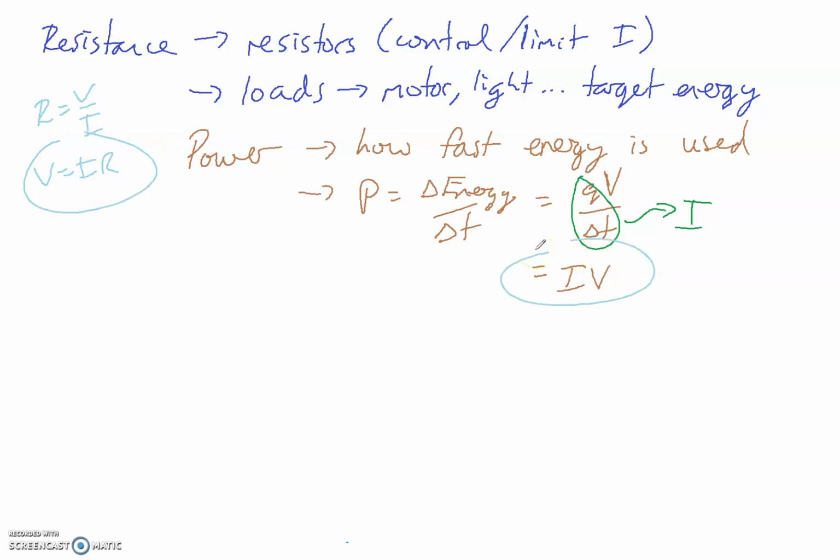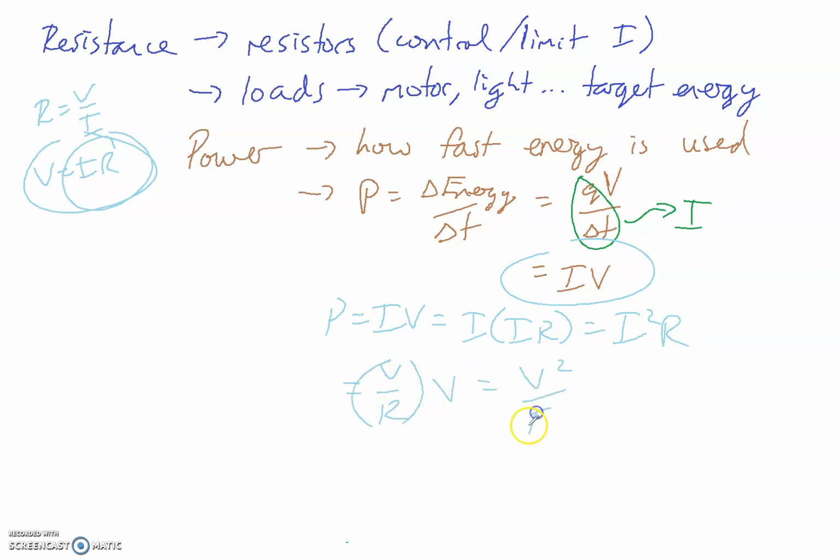For example, you can solve for power using current times voltage, but you could substitute in for the V and get I times R, which gives you I squared R. You can also rearrange for the current, which would be V over R, so that's V over R times V, which gives you V squared over R.